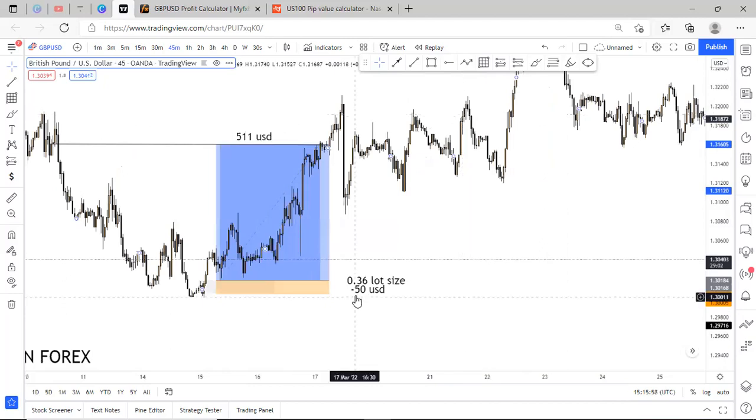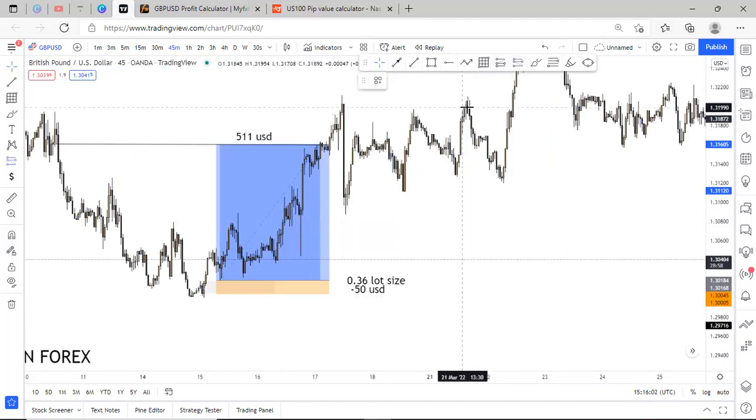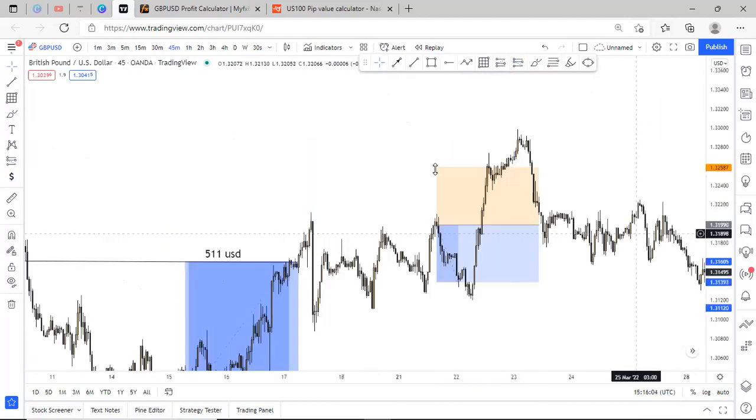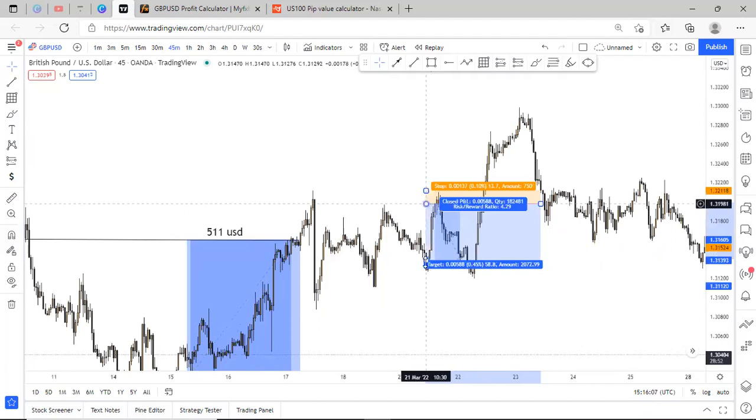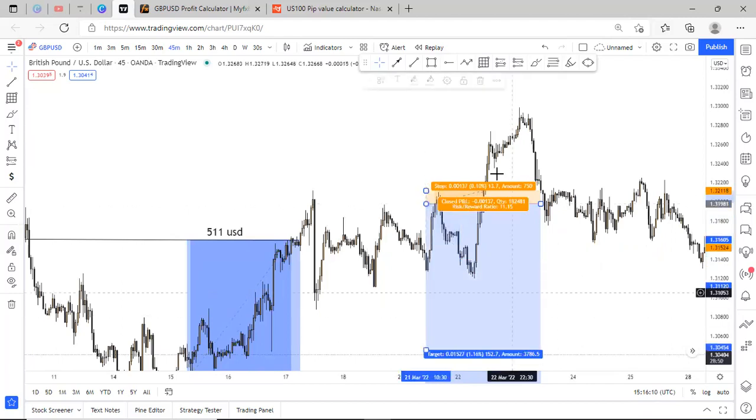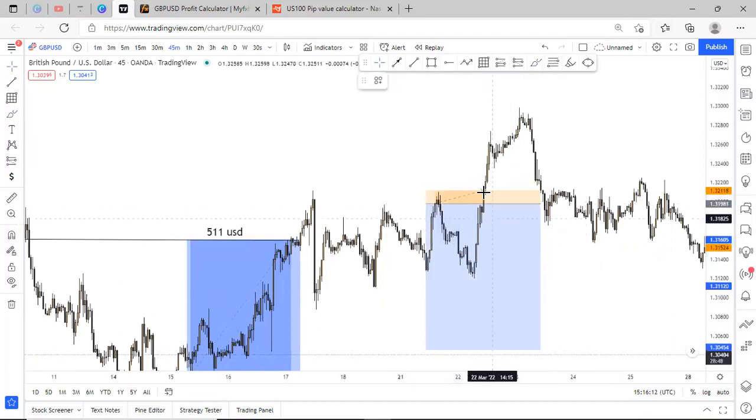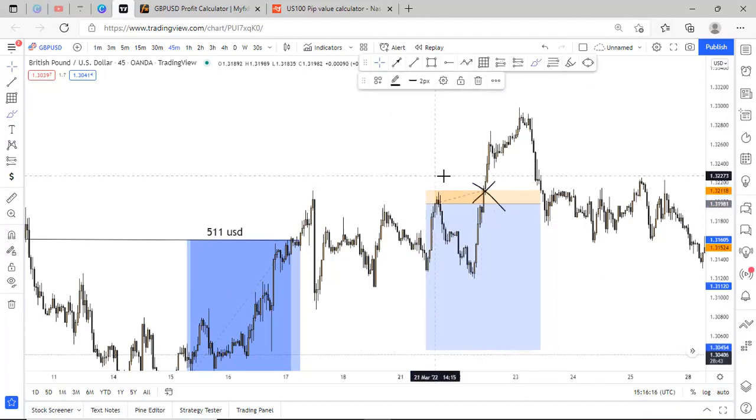Because you are risking only $50, let's say, for example, you want to sell this pair right here, you have your stop loss there, you have your entry, and you were expecting market to come down, and suddenly you got taken out of this trade right here. This trade hits stop loss. You will only be losing $50 here if you use this position size calculator to calculate.